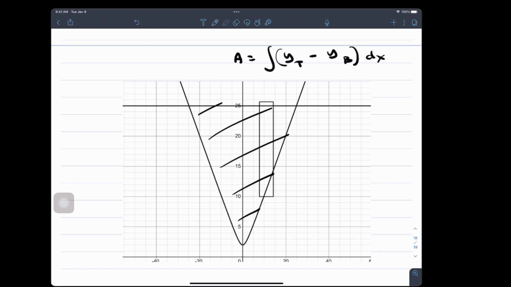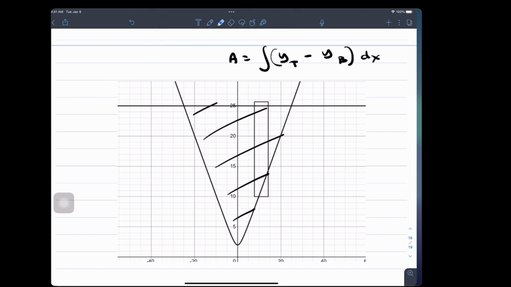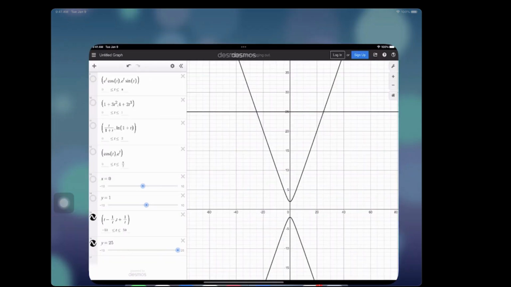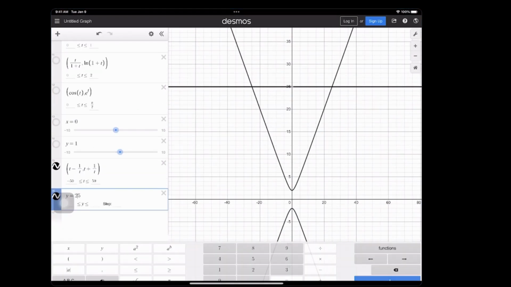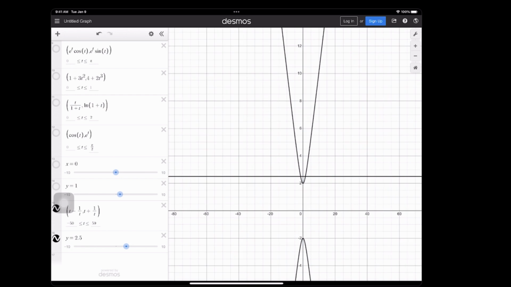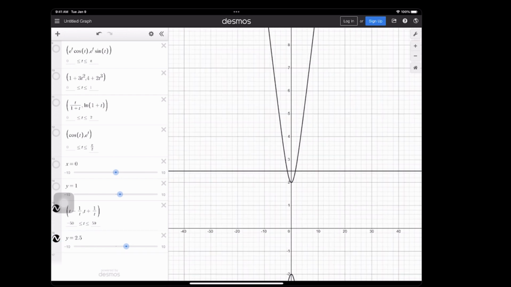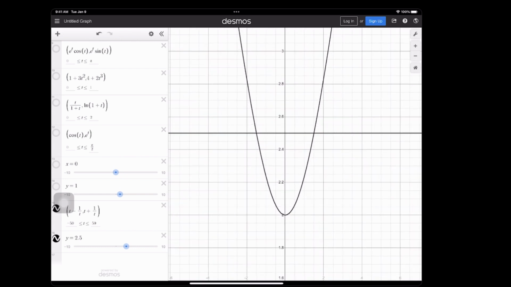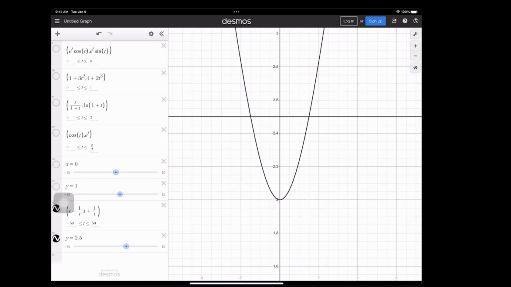Where the top, did we screw up on that? Yeah, we did. It's 2.5. There we go. Apologize. Not 25, but 2.5.